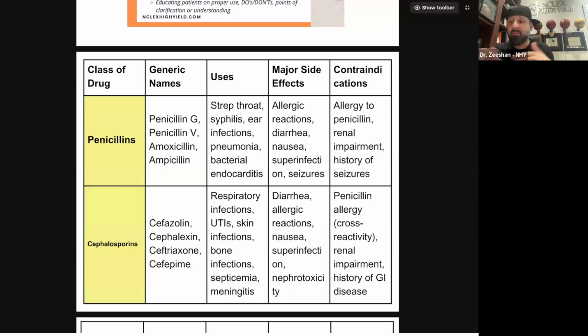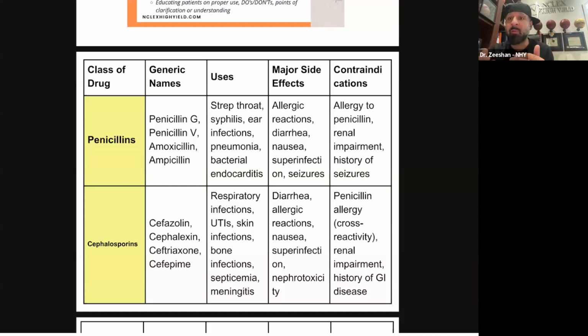So the first class of drug, arguably the most popular drug that you're going to come across. Let me preface this lecture by saying that antibiotics are probably going to be the drug that you're going to see the most. I talk about statins, beta blockers, all these drugs, and I say they're commonly prescribed, you should know them.